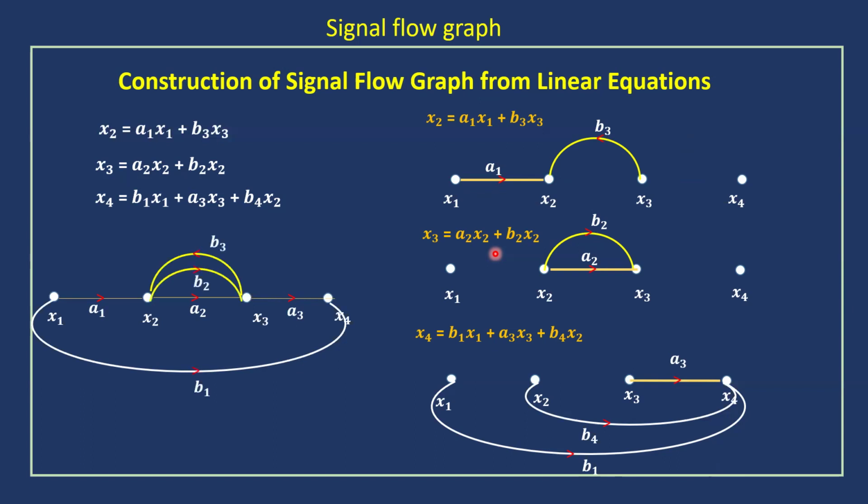All gains are there. So this is the equivalent signal flow graph for the given set of equations. So thus we can convert linear equations to signal flow graph and also block diagram to signal flow graph.